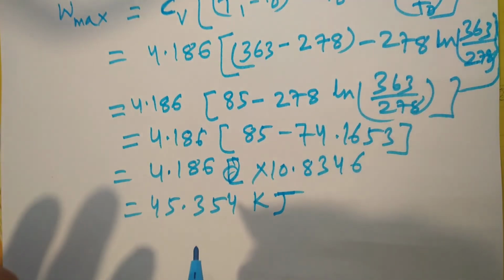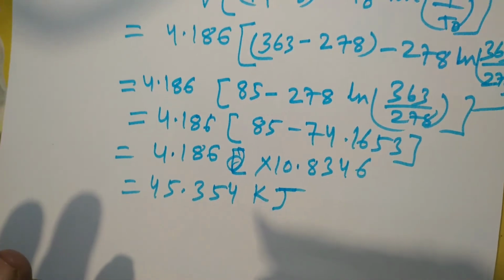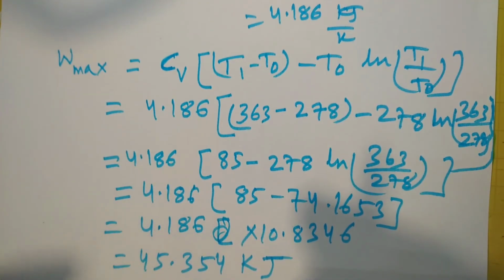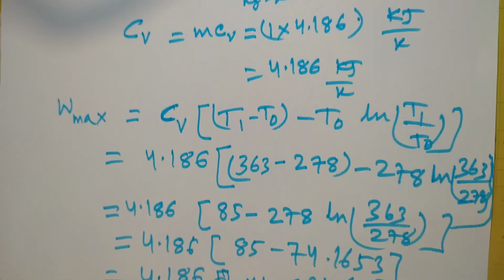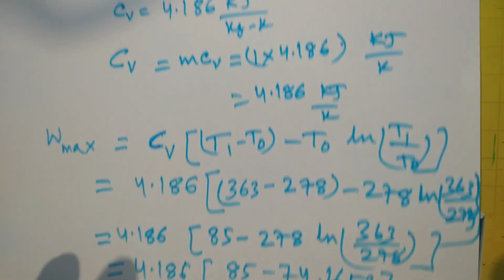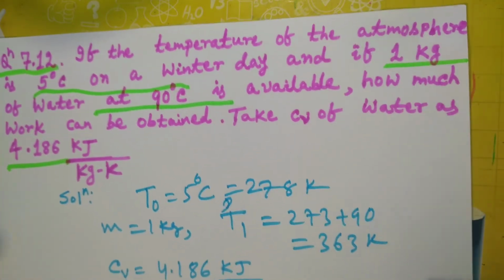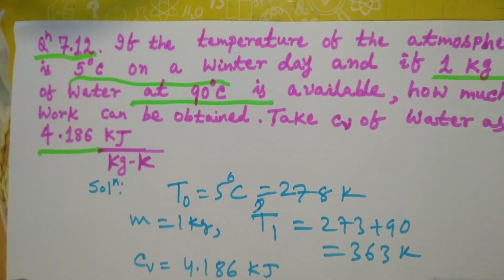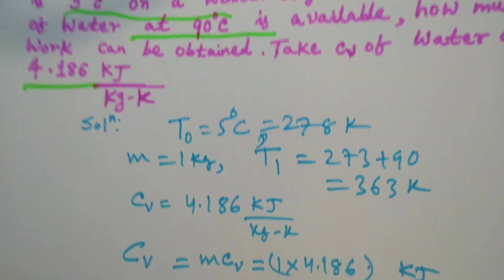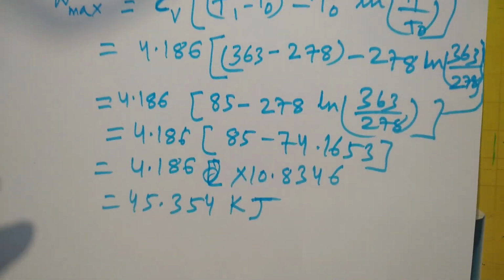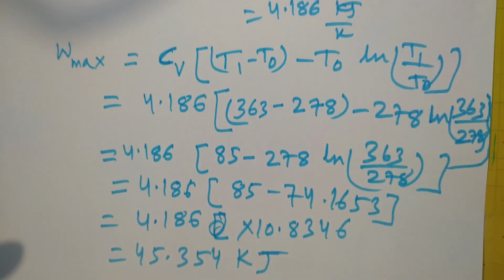So this is the amount of work that can be obtainable when the temperature of water is 90 degrees Celsius and the temperature of atmosphere is 5 degrees Celsius on a winter day. So this is the maximum work that can be obtained, and that maximum work will be obtained only when all the processes that occur in this engine are reversible. So thanks for watching.